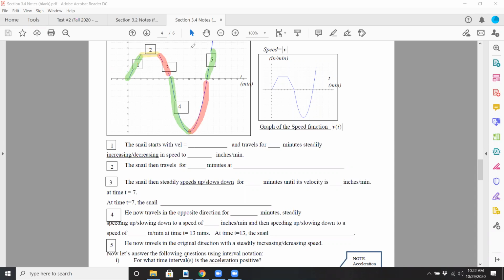So in green, the snail's speeding up. And yes, the snail is speeding up over here, just in the opposite direction.